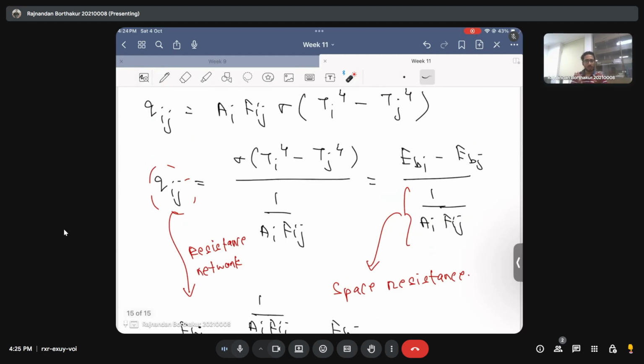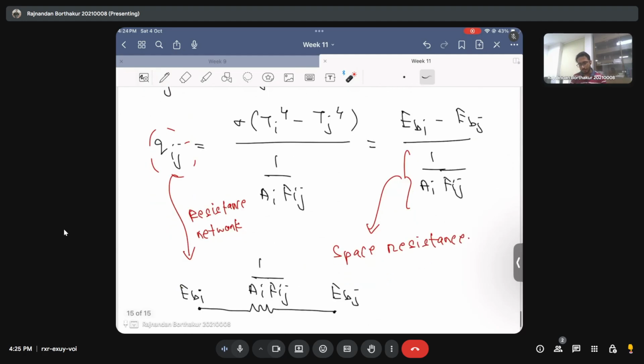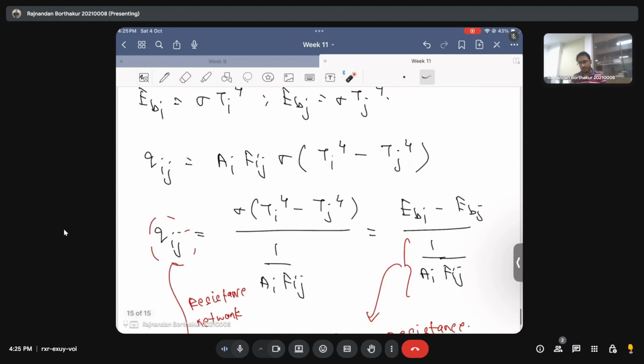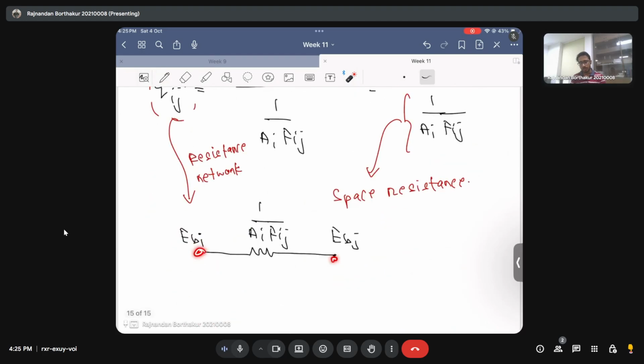So the important thing you need to appreciate is that now you cannot have these temperature nodes because your temperature actually comes in the fourth power. Instead, you are defining the nodes as emissive power nodes, okay, where the resistance is just 1 by Ai Fij, and this is the space resistance.